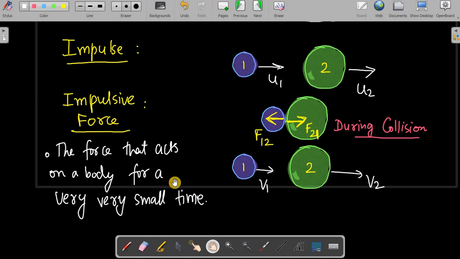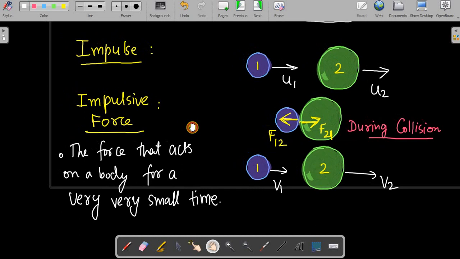Here F12 and F21, acting on each body during collision, are impulsive forces. Whenever two bodies collide and immediately separate, the force acting is called impulsive force.